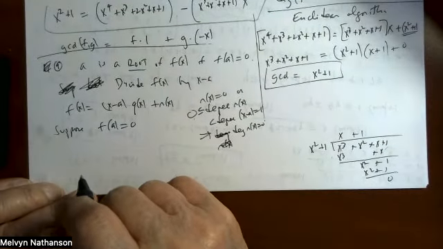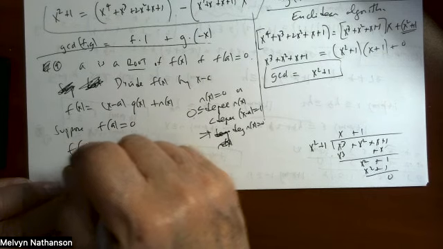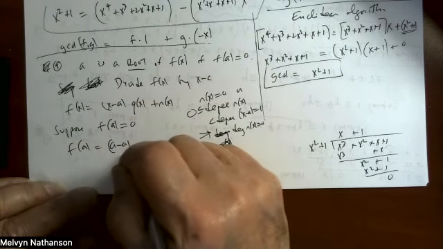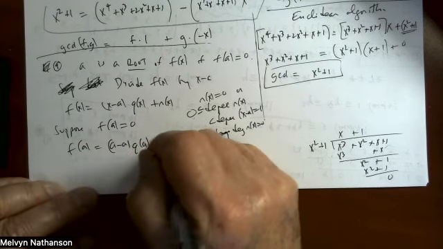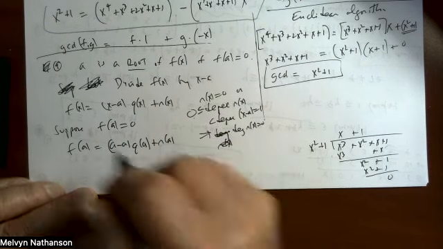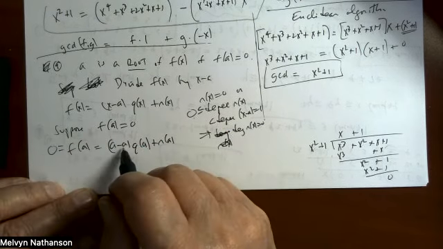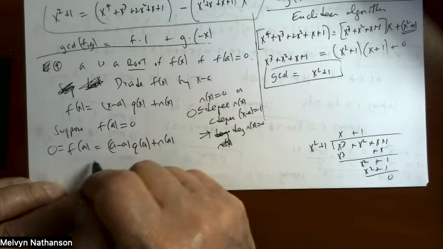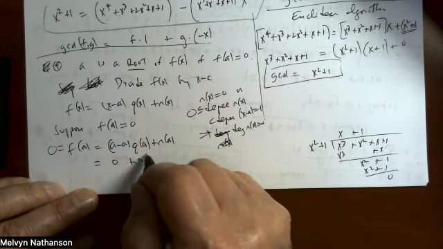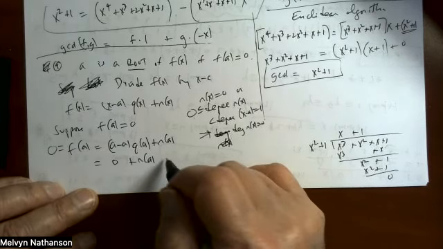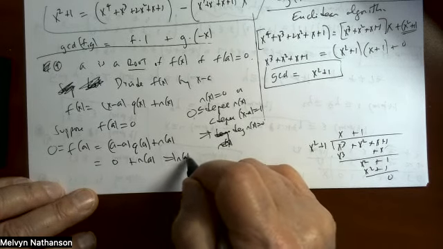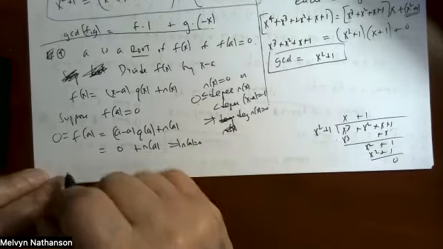If you plug in x equal to a, you get f of a is a minus a times q of a plus r of a. That's 0. But a minus a is 0. So this is 0 plus r of a equals 0. So r of a, this constant, is 0.